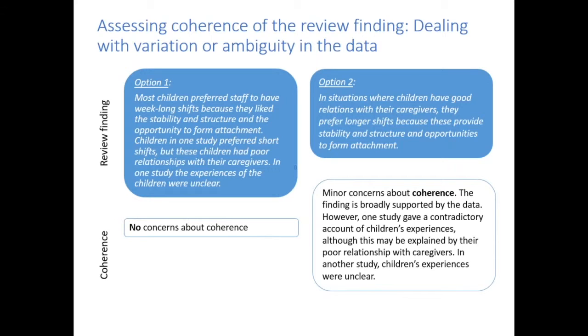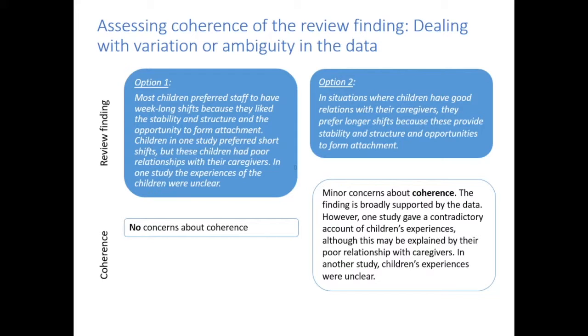Okay, so this is an example of this type of situation. On the left-hand side, you'll see option 1. We've given a finding which tries to describe all of the nuances of the data that we found for this particular review finding. This was a review about how children experience long-term versus short shifts in child institutions, such as orphanages. Most children preferred staff to have week-long shifts because they liked the stability and structure and the opportunity to form attachment.